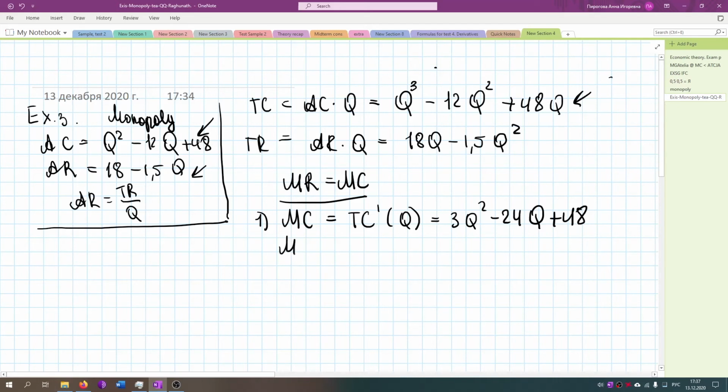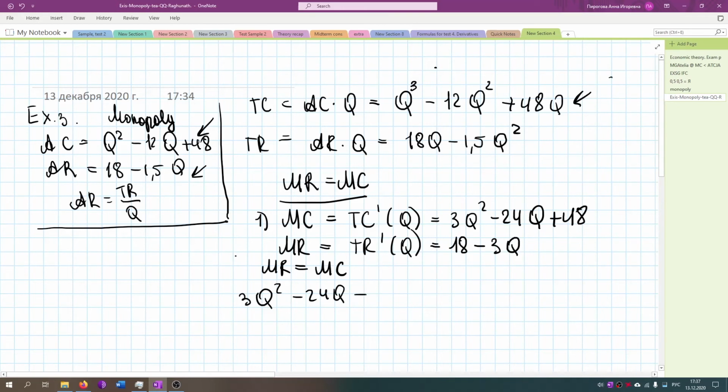And our marginal revenue is the derivative of the total revenue and is equal to 18 minus 3Q. And our next step is to equalize marginal revenue to marginal cost. 3Q squared minus 24Q plus 48 is equal to 18 minus 3Q.